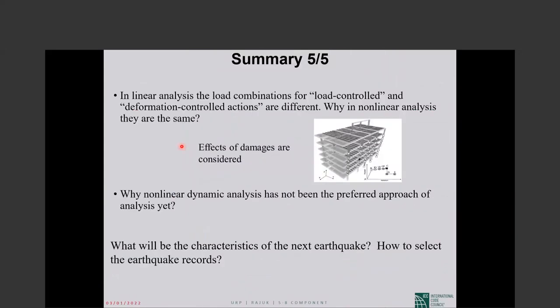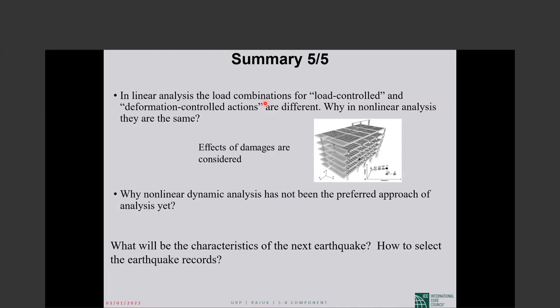In linear analysis, the load combination, the subject of the previous session, for force control and deformation control are different. Why in nonlinear analysis are they the same? We don't use different load combinations as in the linear analysis, where we divided by C1, C2, J for the force control actions.